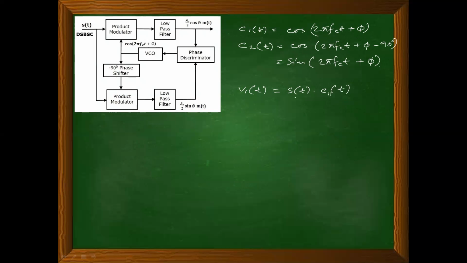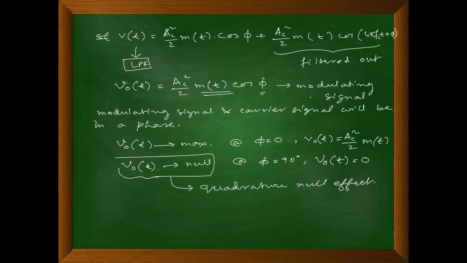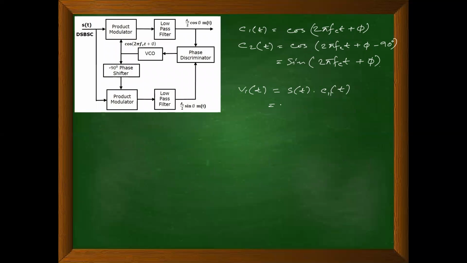The calculation will be the same as the previous one, only the difference is that in this case an extra Ac will not be multiplied. So it will become Ac by 2 m(t) cos phi. This is the upper half portion.